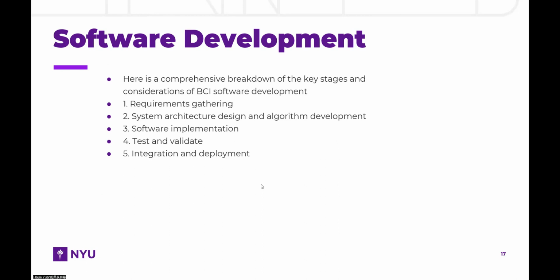The fourth is test and validate, in order to ensure that the software meets all specifications and user requirements without defects. Divided into unit testing, integration testing, system testing, and user testing, and other aspects.